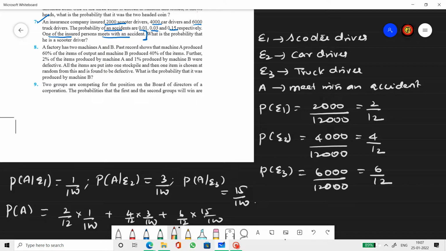Now, what they want us to find, what is the probability that he is a scooter driver?